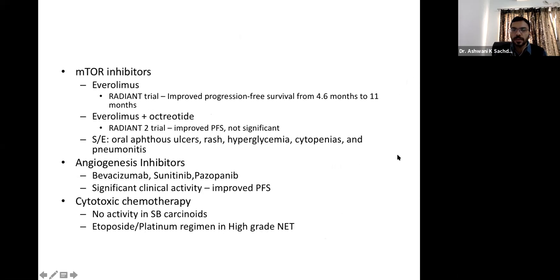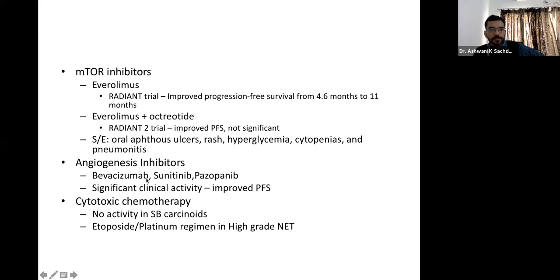Other agents used are the mTOR inhibitor everolimus. In the RADIANT trial, they found improved progression-free survival from 4.6 months to 11 months. Everolimus in combination with octreotide has been associated with slight progression-free survival improvement, but it is not significant. Side effects of mTOR inhibitors are aphthous ulceration, rash, hyperglycemia, cytopenia, and pneumonitis can occur.